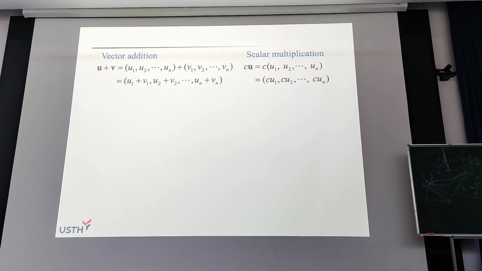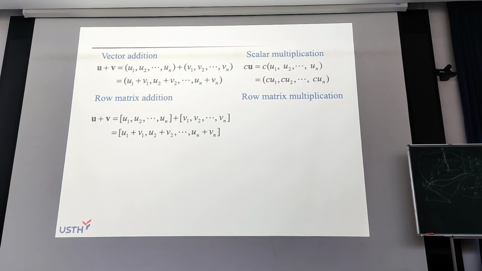Now if we write it in the row matrix, addition, what do you get here? U to be that matrix, V to be that matrix, then if we add two matrices together, we get that one. So it is the same as a vector addition. Also, with scalar multiplication for the row matrix, we get the same thing.